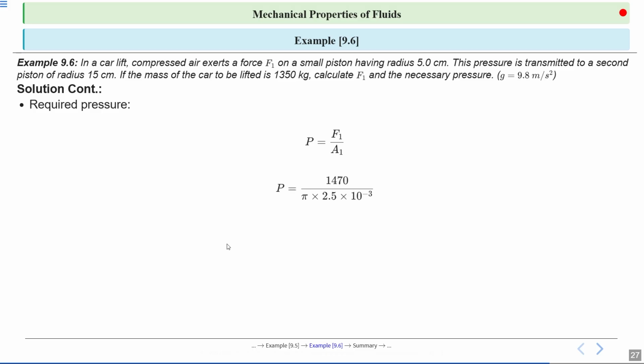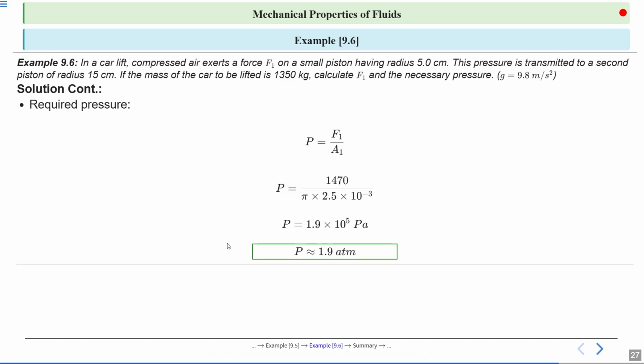Substituting the known values into the equation, we have 1470 divided by pi into 2.5 into 10 raised to the power minus 3. After performing the calculation, we find that the pressure required is P equal to 1.9 into 10 raised to the power 5 Pascal. This result tells us the amount of pressure needed to lift the car using the given piston system.